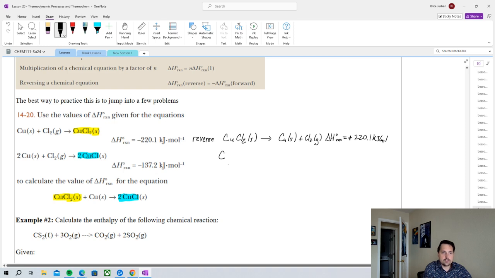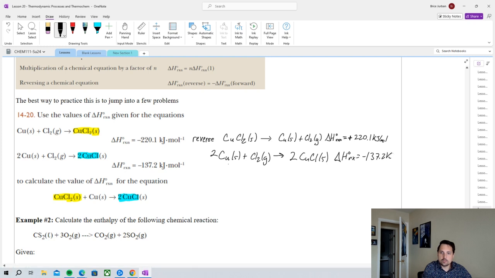So I'll have copper and chlorine and 2 copper chloride, and the delta H of this reaction is equal to negative 137.2.